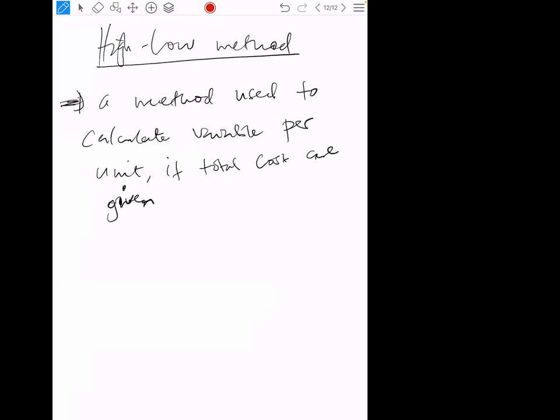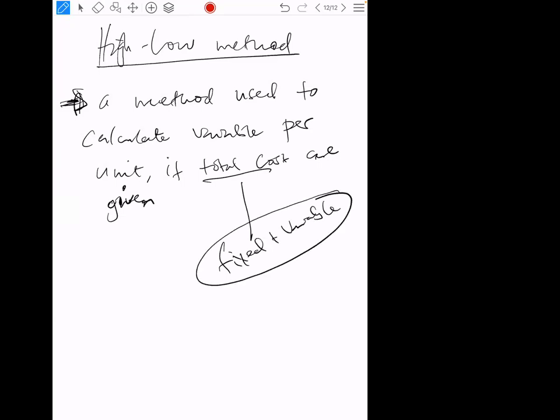So in the high-low method, we are saying that it is going to be used to calculate variable cost per unit. They give you total cost, and total cost comprises fixed and variable elements.